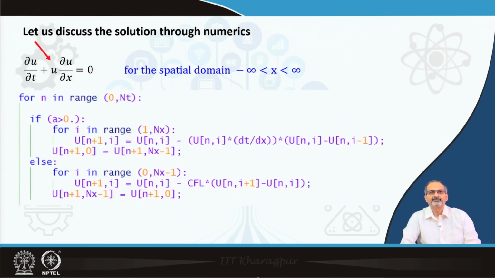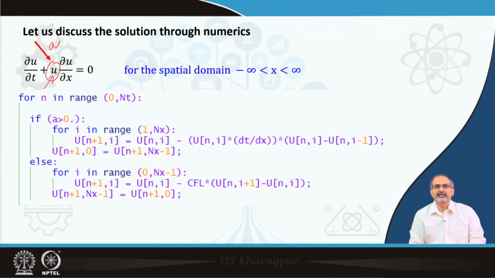Now, if you look at the solution of the nonlinear advection problem, as you may recall, with the introduction of this term u in place of a, which was a constant, this is now a variable and it can vary from one spatial location to another and from one time step to another.